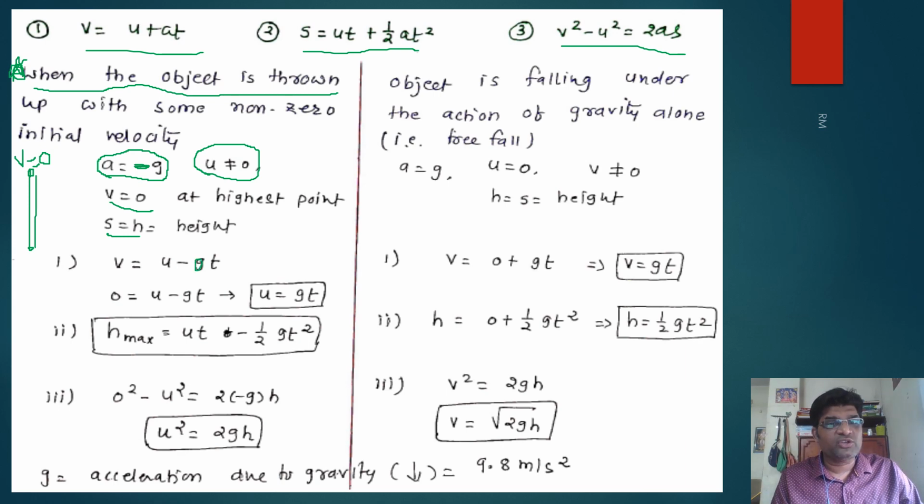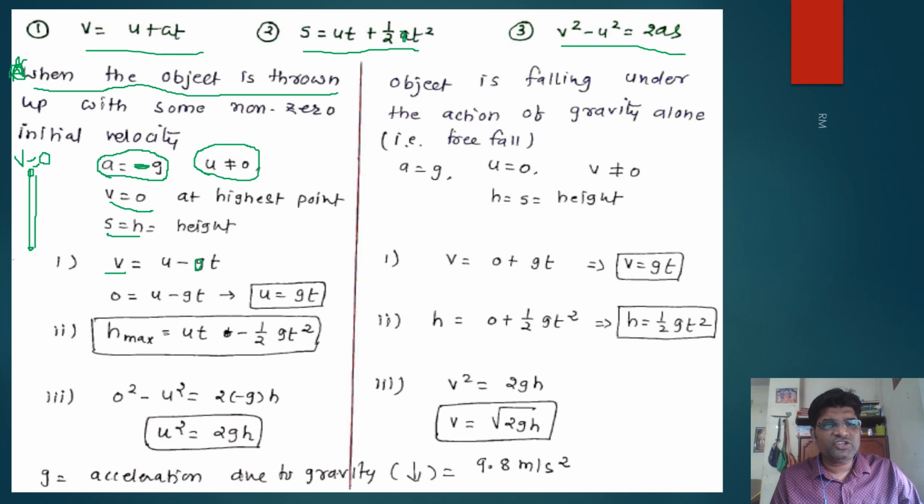At the highest point, you can put v is equal to 0 and you have the equation u is equal to gt. Got it? Good. Then your next equation, s is equal to ut plus half at square. Again this a is replaced by minus g. This equation becomes ut minus half gt square, right?